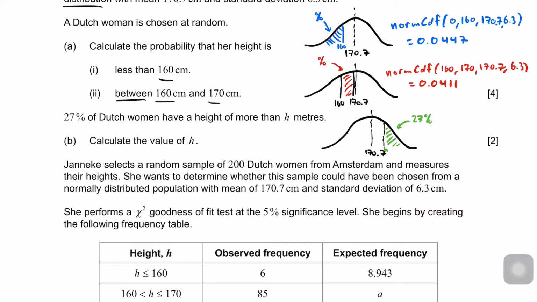So although we want to find this top 27%, if you put in just 0.27, which corresponds to 27%, the calculator is going to sweep through 27% and stop here. But that would give us the smallest 27%, but we want the largest.